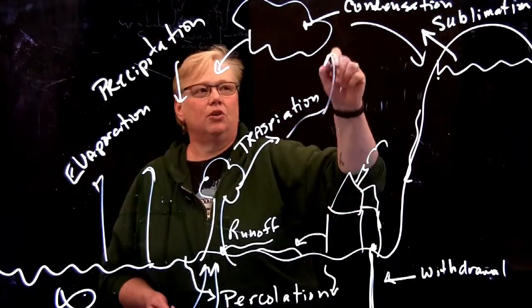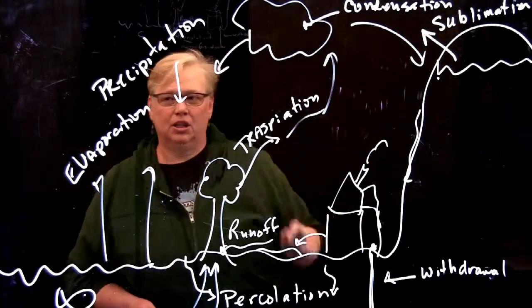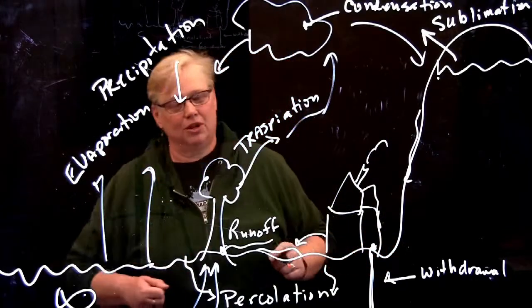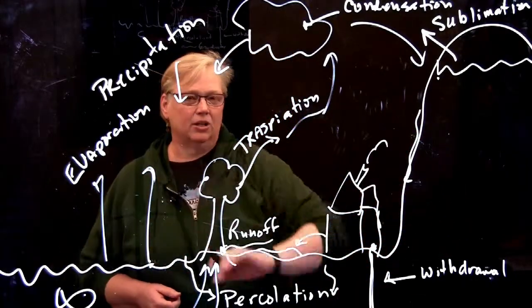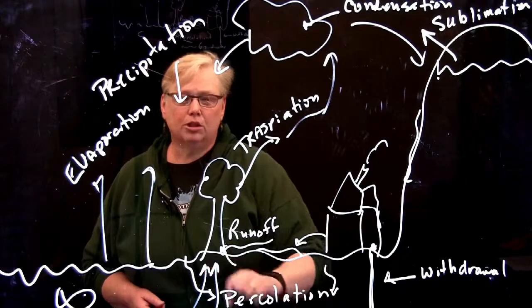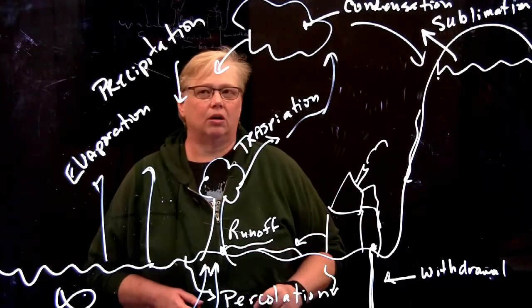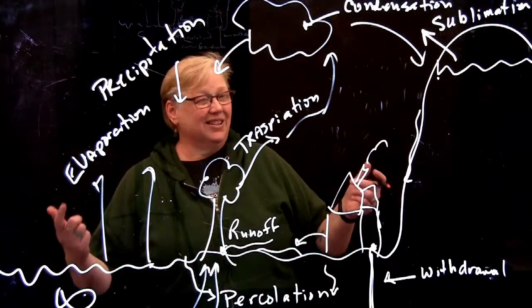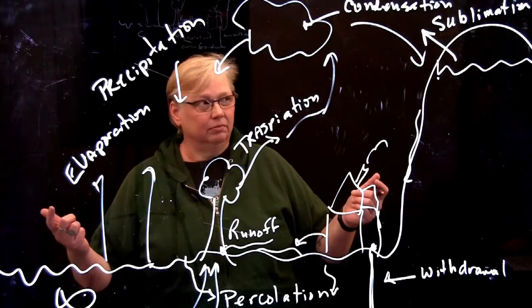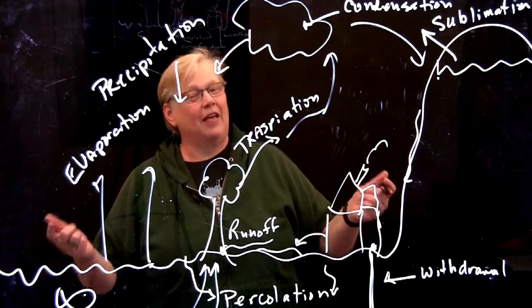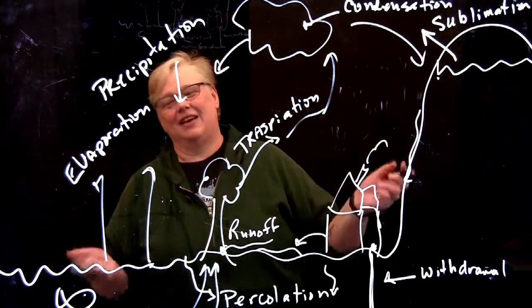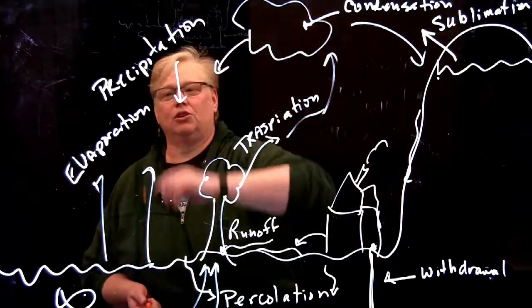So transpiration goes up, sublimation goes up, evaporation goes up. We can get everything back into the system by withdrawal or just by moving groundwater or surface water. So altogether, while it doesn't look like a circle, no, it doesn't look like a circle. It is a circle. It's a completely regenerative circle.